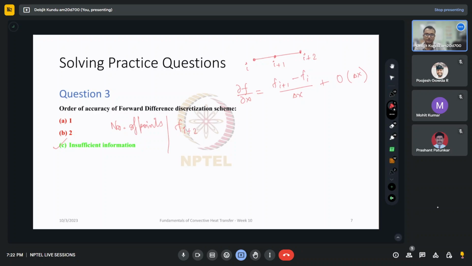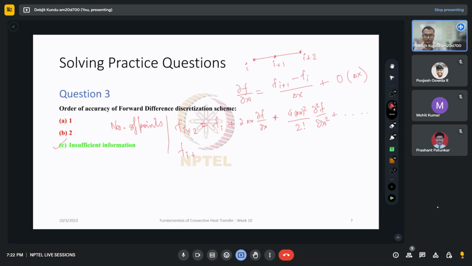So f_{i+2} can be written as f_i plus 2 delta x ∂f/∂x plus 4 delta x squared by 2 factorial into ∂²f/∂x² plus dot dot dot plus higher order terms.